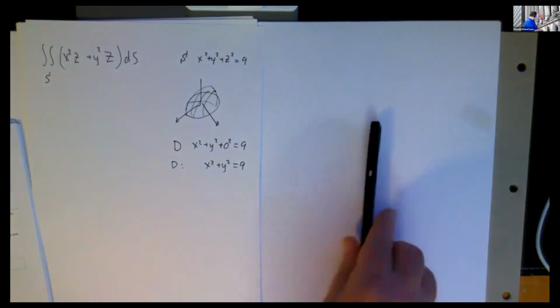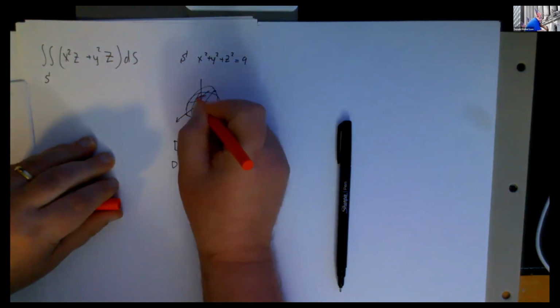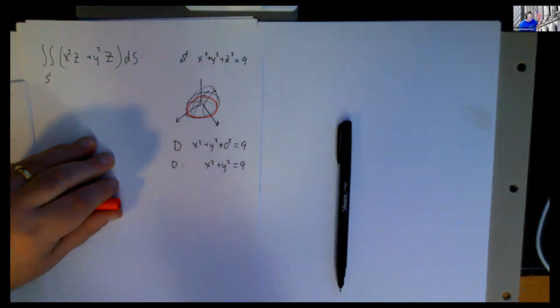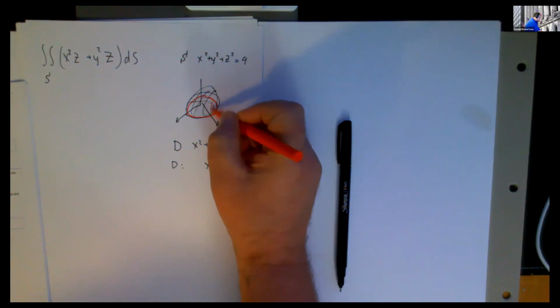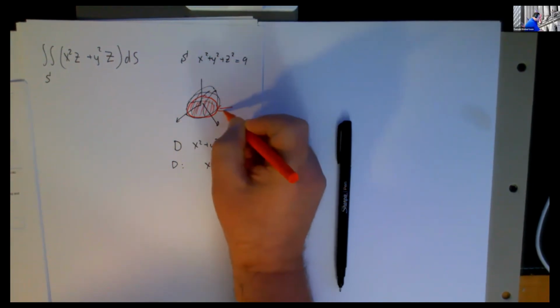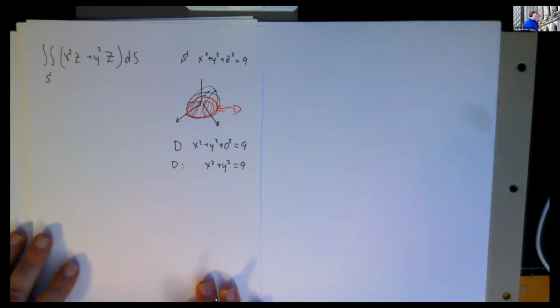So could you imagine that on the floor, the XY plane, you've got a little circle. And D is that circle that's on the XY plane.